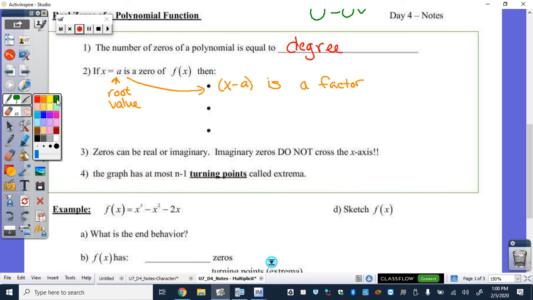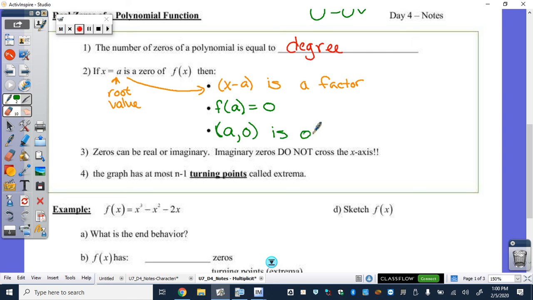Because x equals a is a 0, that means f of a would equal 0. If I plugged my root value in, I would get a remainder of nothing. And then the point (a, 0) is on the graph. Remember, when you plug a number in, that combined with its remainder is a point on your graph always.